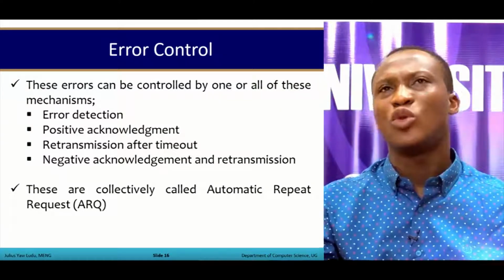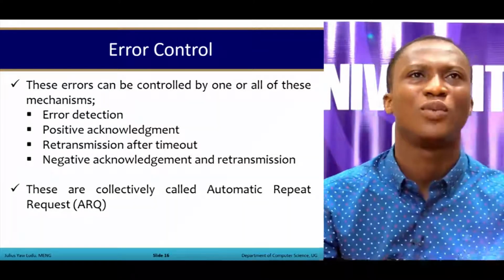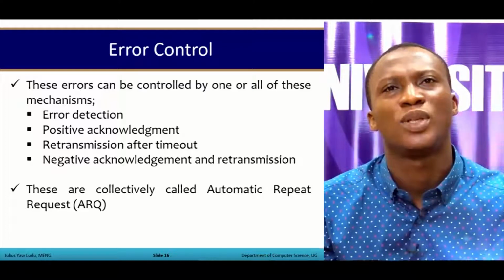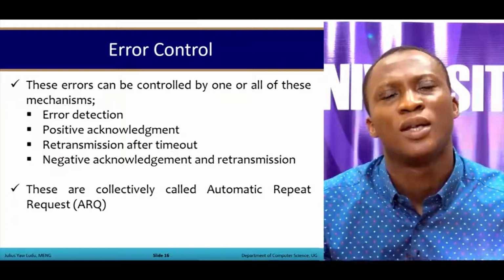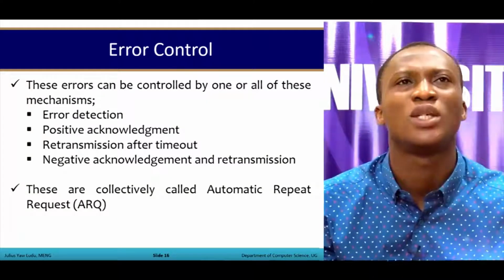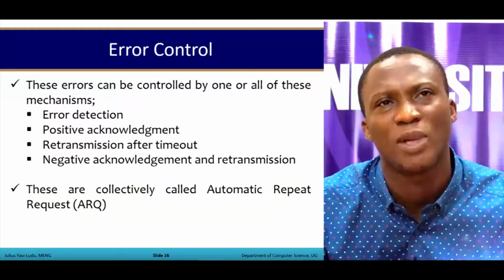Now, these errors can be controlled by one or all of these mechanisms. We have error detection, which we've just explained. We have positive acknowledgement: once the sender sends the frame, the receiver needs to acknowledge that it received that frame, and that's what we term the positive acknowledgement, the ACK.